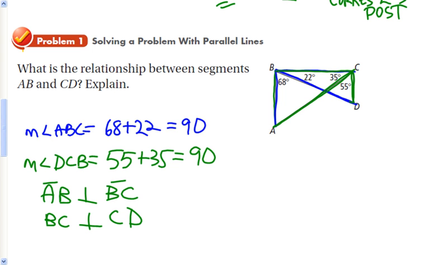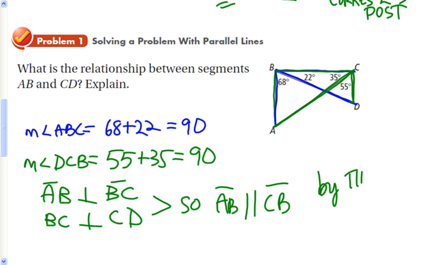And so segment AB is parallel to segment CD by Theorem 3.8, which says that if one line is perpendicular to a line and another line is perpendicular to that same line, then the two lines are parallel to each other.